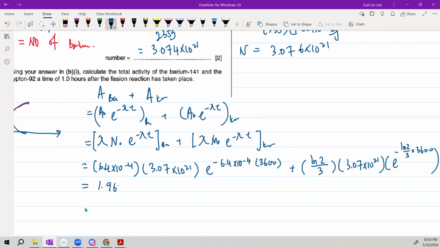Hopefully I'm pressing correctly. 962 times 10 to the power 17 plus this is 0. You can try and press and see. I got 0.